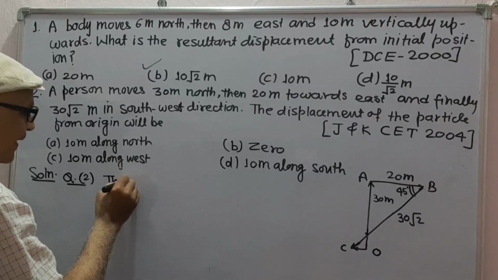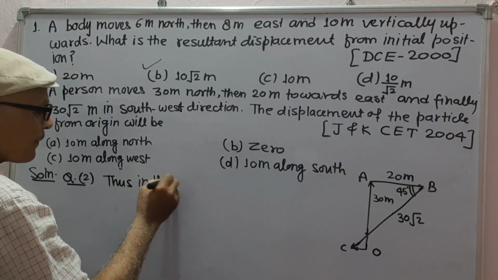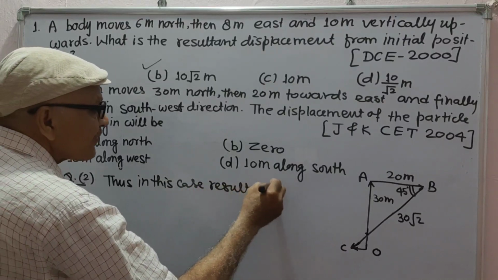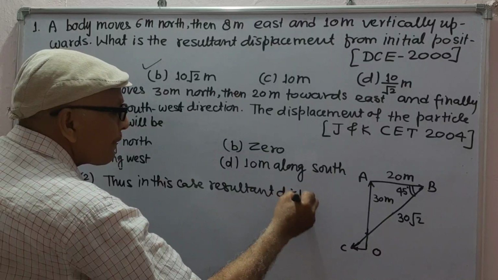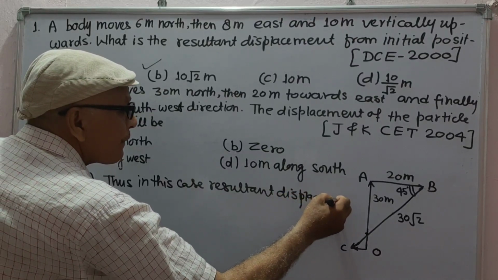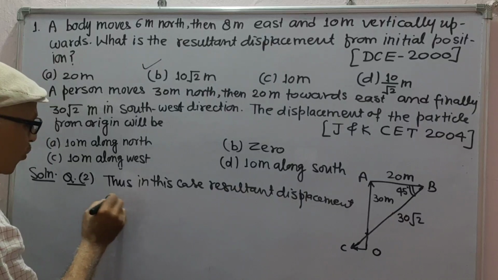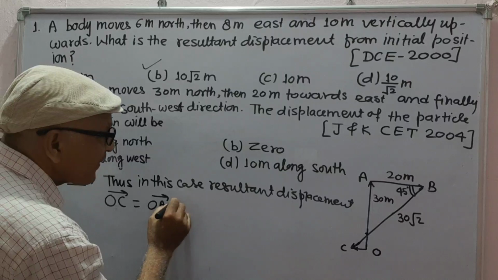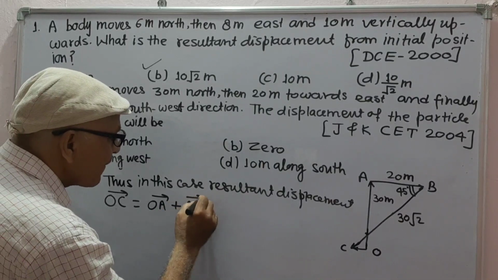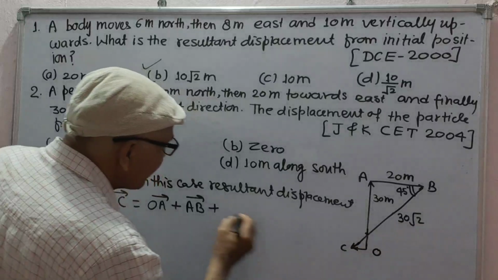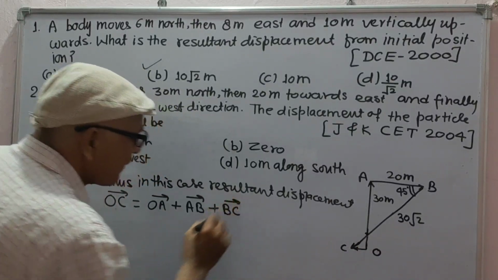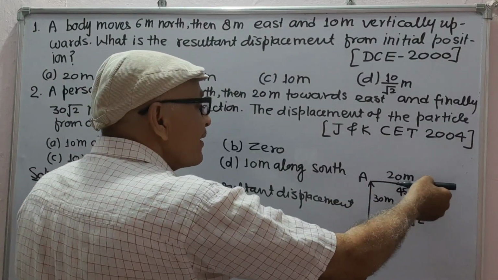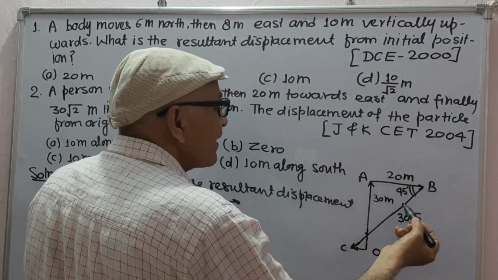Thus, in this case, resultant displacement OC vector will be equal to OA vector plus AB vector plus BC vector. BC vector can be resolved into horizontal and vertical components.